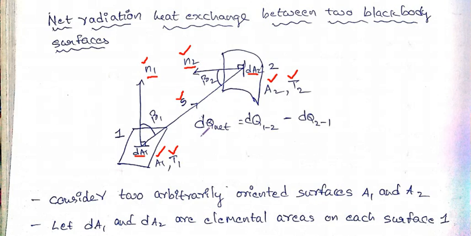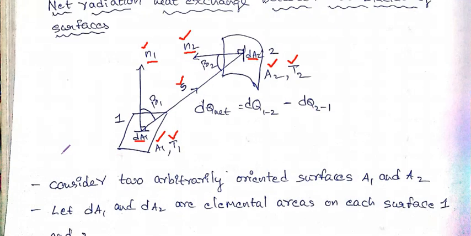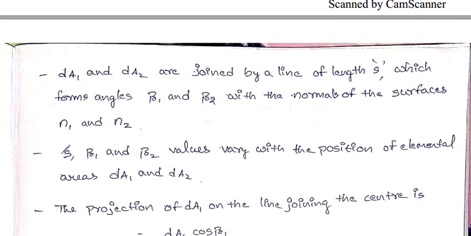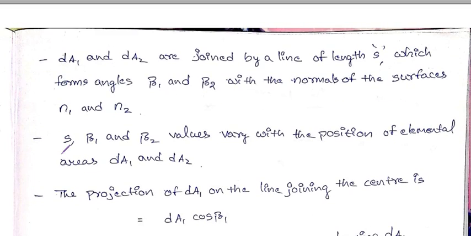Then the net heat exchange between these two surfaces is dq net equal to dq1 to 2, the radiation from surface 1 to 2, minus the radiation from surface 2 to 1. See, dA1 and dA2 are joined by a line of length S, which forms angles beta 1 and beta 2 with the normals N1 and N2.